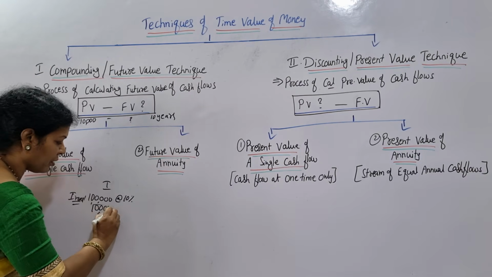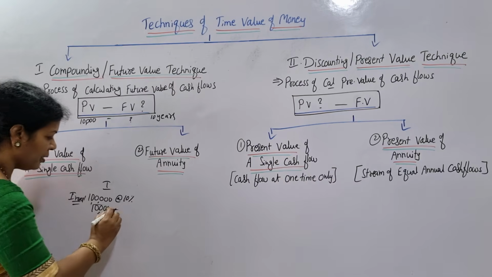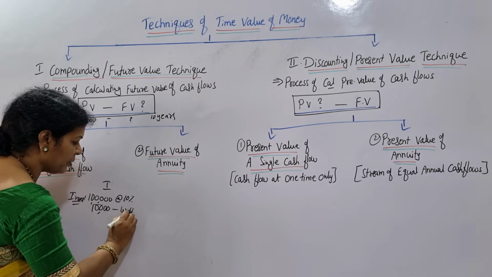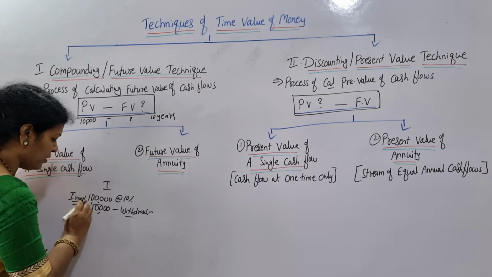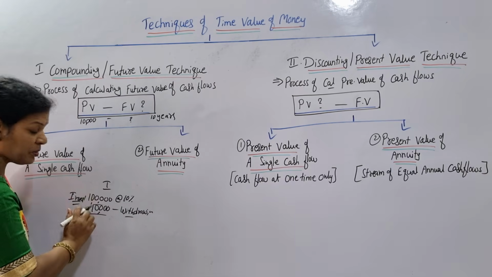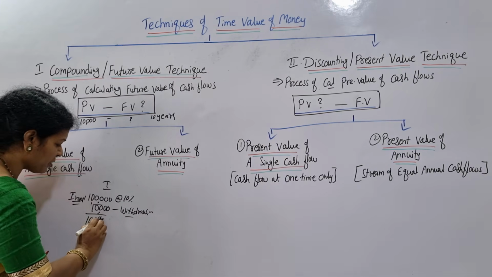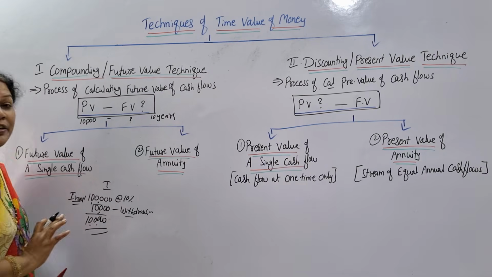If I withdraw this 10,000, I am withdrawing this interest. It means the amount of investment is 1 lakh only, because this 10,000 I have withdrawn.